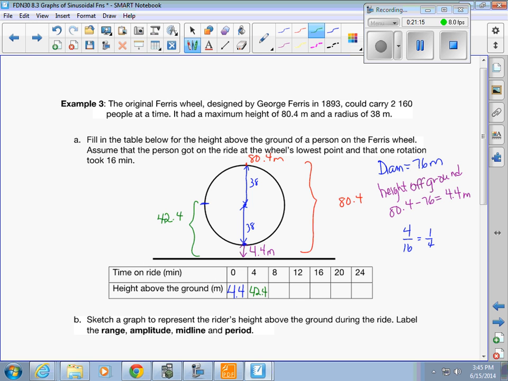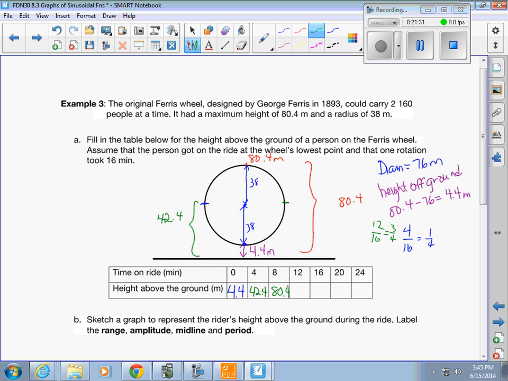At 8 minutes, so it's halfway through the ride, we're up here at the top, so that's 80.4. 12 minutes, that's 3/4 of the way, right? 12 divided by 16, 4 goes into there 3 and 3/4 of the way, so that puts us right here.